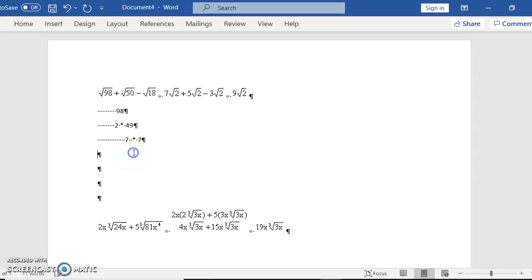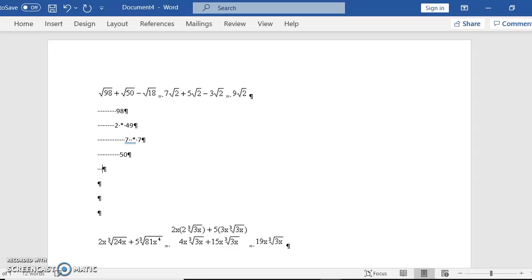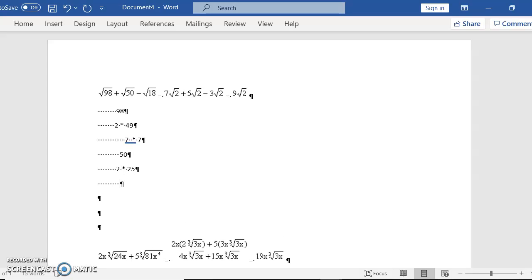Let's look at 50. Okay, so I have 50 here. 2 times 25, and I have 5 times 5. Okay, so I have the square root of 25, which is 5, which I have right here. And I can't do anything with this, so this would be the square root of 2.